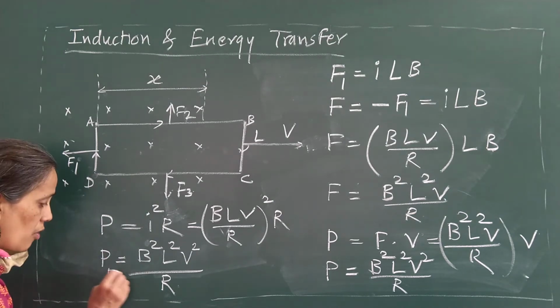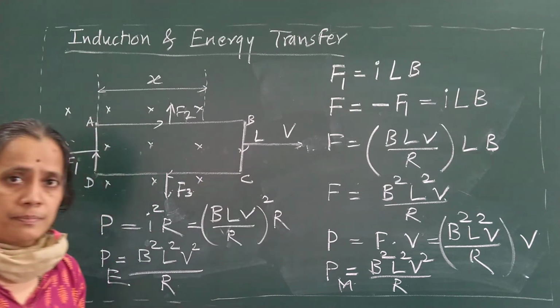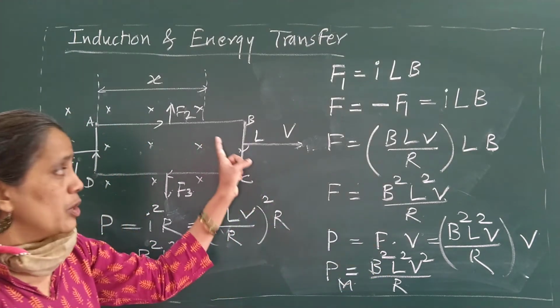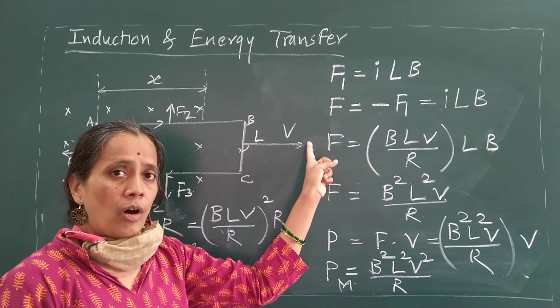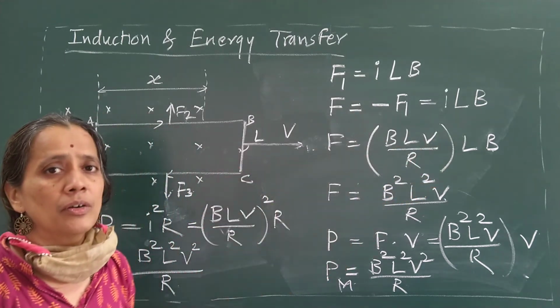Means this power is what? Electric power, and this power is what? Mechanical power. This mechanical power comes into existence because we are applying a certain mechanical force on a coil to pull the coil out of the magnetic field with velocity v.